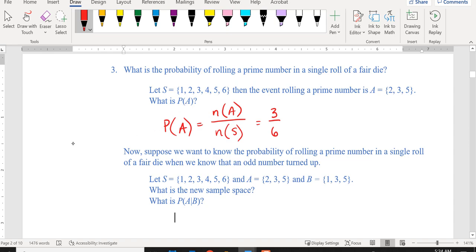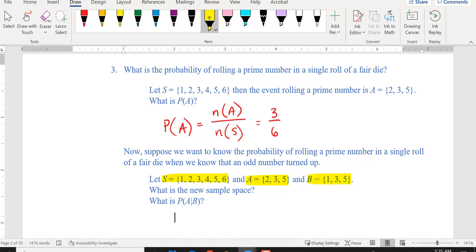Now suppose we want to know the probability of rolling a prime number in a single roll of a fair die when we know that an odd number turned up. Okay, so we've got our sample space 1 through 6. Event A is that a prime number was rolled. Event B is that an odd number was rolled.